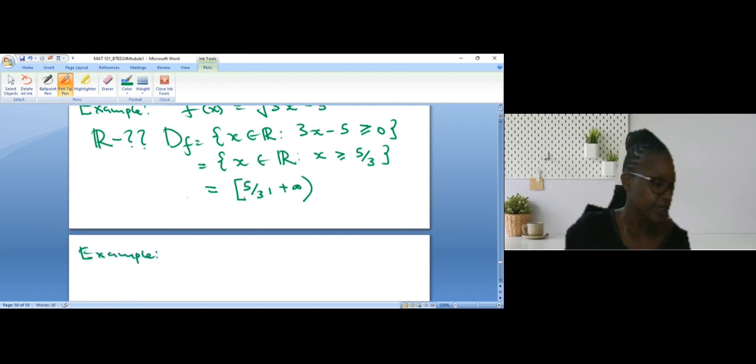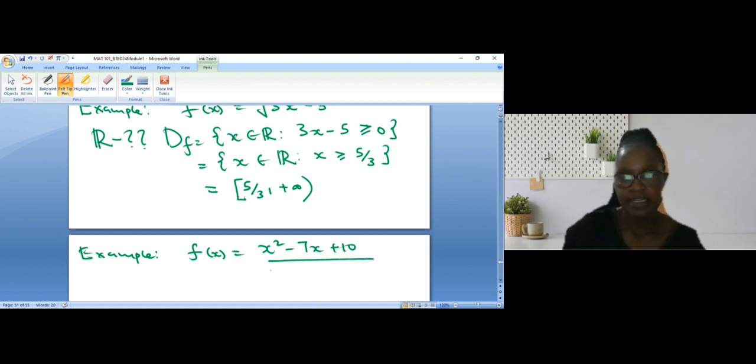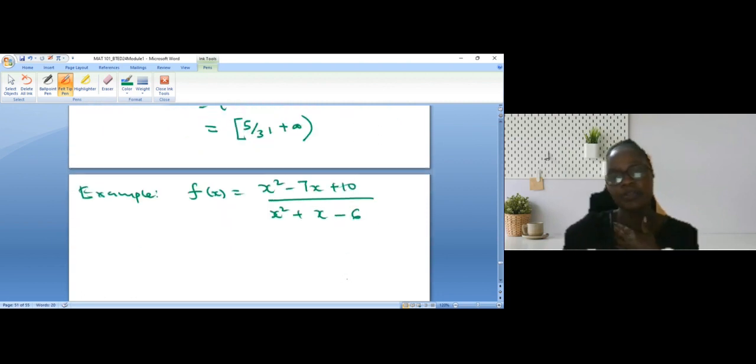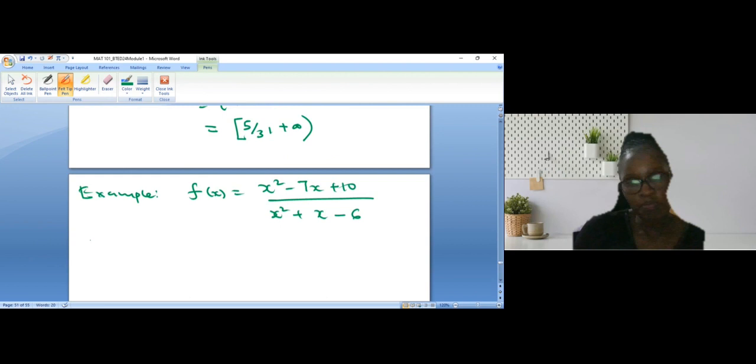If I'm to give a second example, maybe you have f of x being the function x squared minus 7x plus 10 divided by x squared plus x minus 6. So our function would be defined at points at which the divisor is not equal to 0.